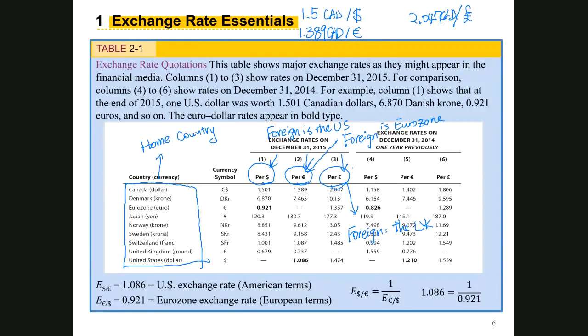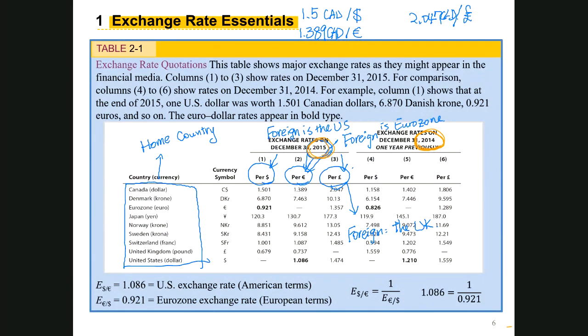This table gives you information at two points in time. One is 2015, and one is 2014. So as you can see, the exchange rate is not a fixed number. It will fluctuate across time, and it's determined by the foreign exchange rate market, which is the focus of today.